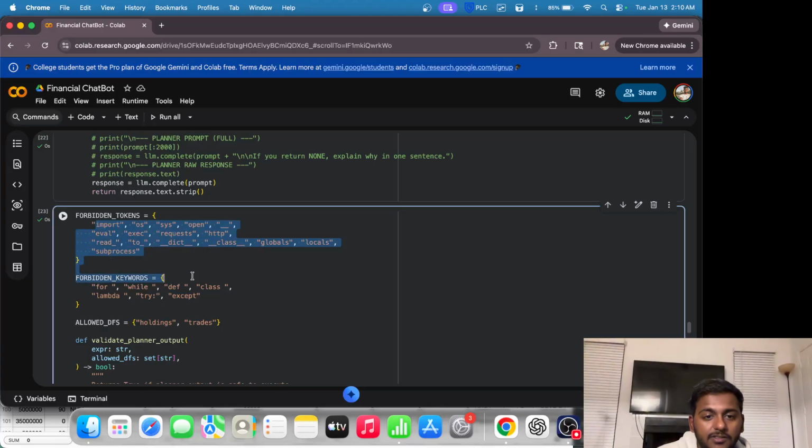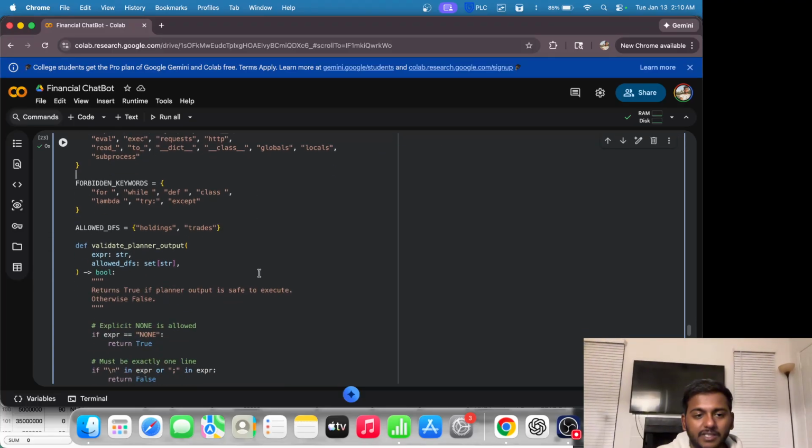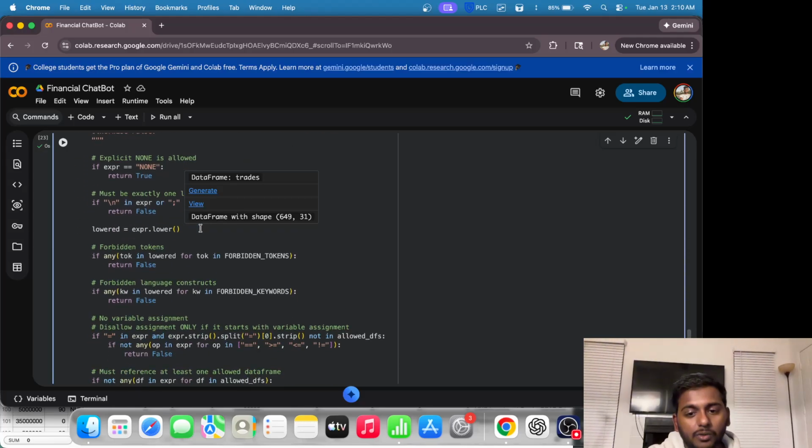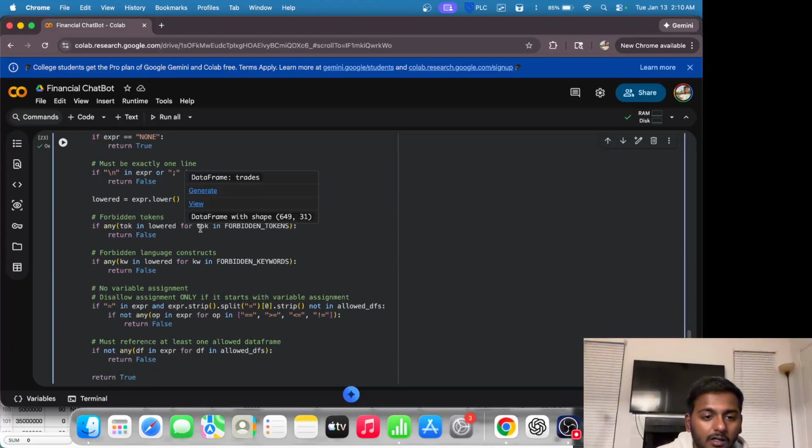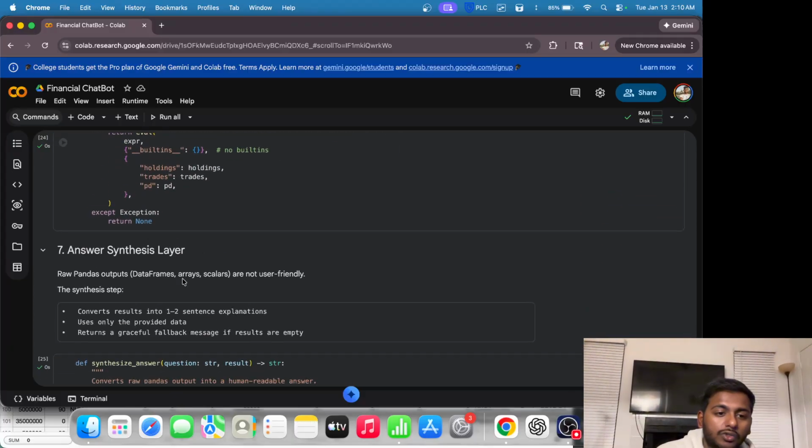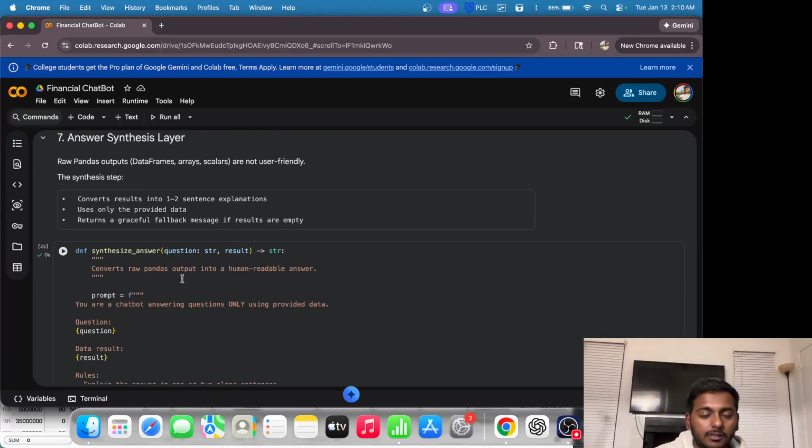Then I have also defined that the prompts shouldn't override anything. So strict forbidden tokens and forbidden words are explicitly mentioned, and also allowed data frames are explicitly mentioned. So only those data frames can go through and process.